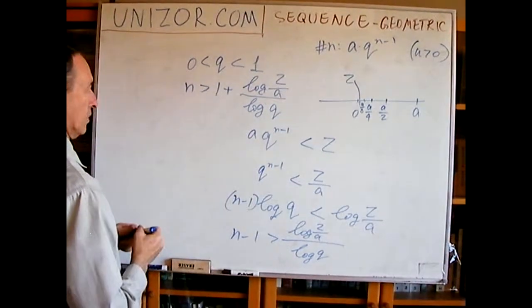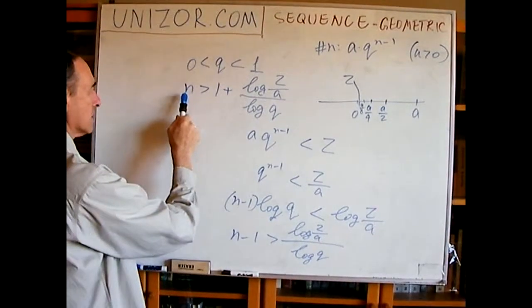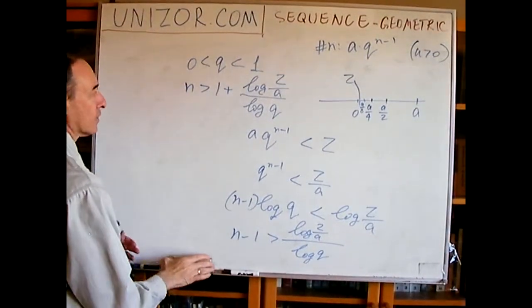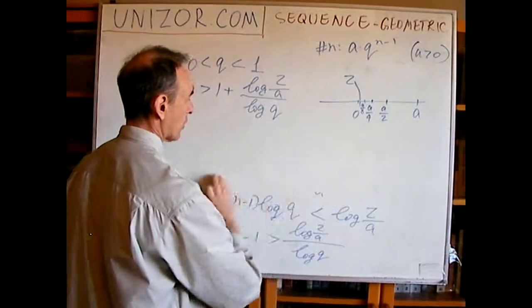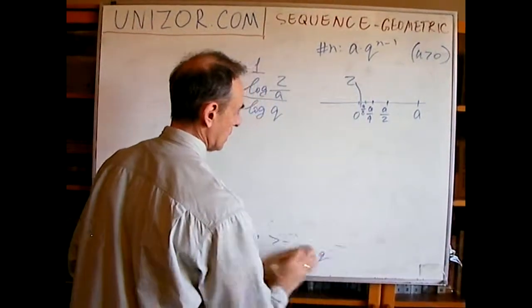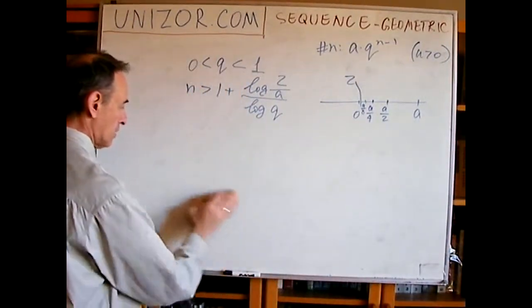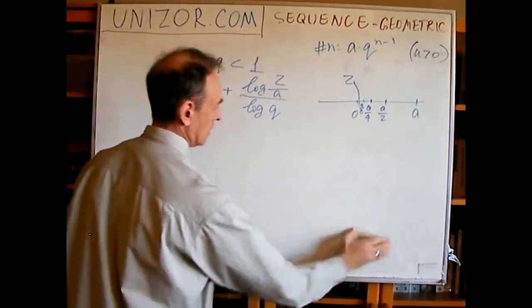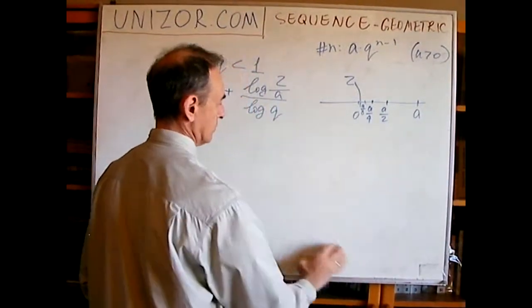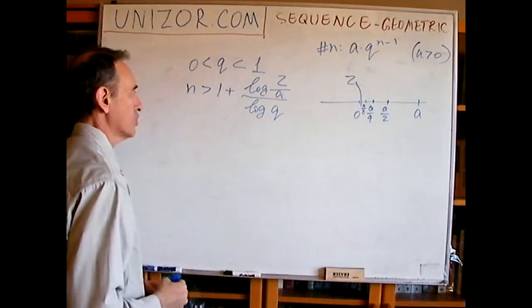So that's the formula. It gives me the sequence number n, after which my geometric progression is smaller than any number z, wherever the z is, chosen.